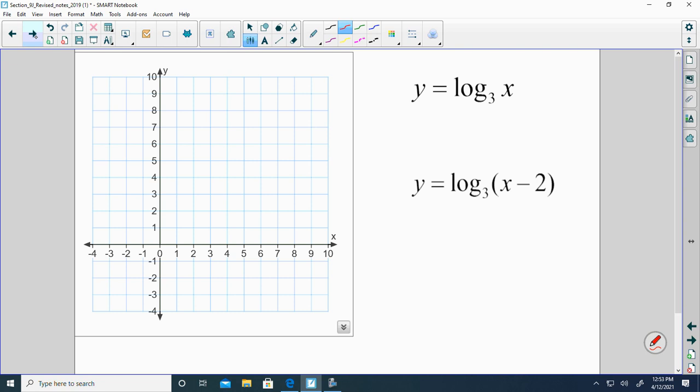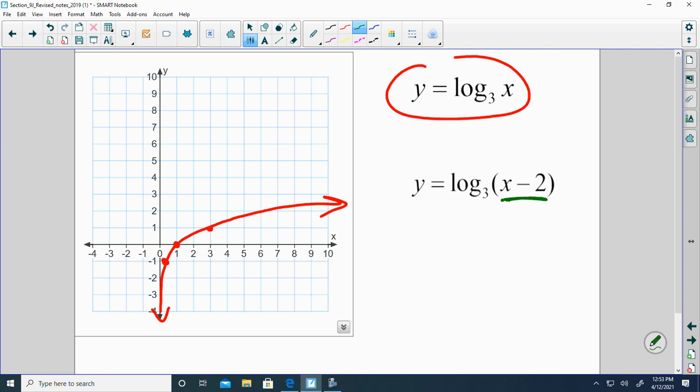All right, log base 3 of x. So the same thing, we've done this. We had this for my original. What does this do? It's grouped. So what does it do when it's grouped versus non-grouped?